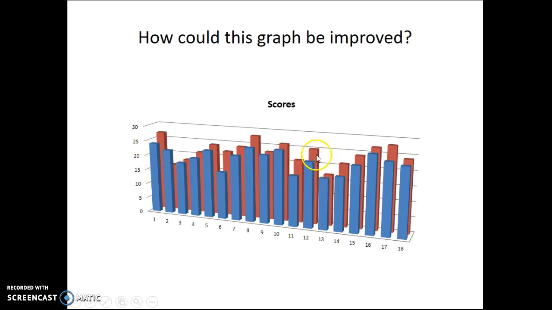Some of you may have noted that we're dealing with a 3D graph. Excel has all sorts of fun types of graphs, but these 3D graphs make it sort of difficult to figure out exactly where the bars fall on our scale. So oftentimes it's best to put together just a simple graph and not use some of these flashy features.